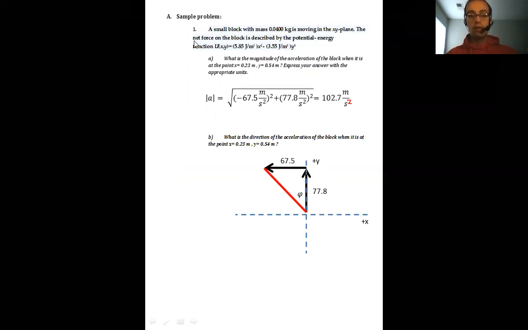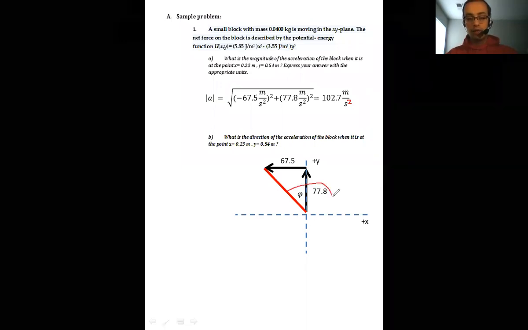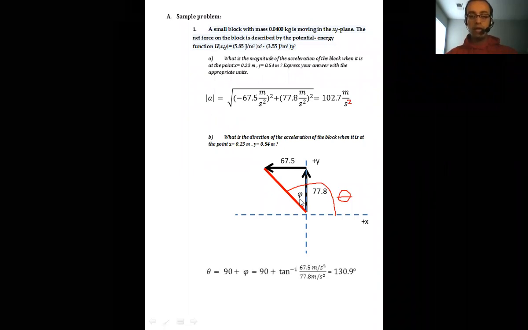We are left with this triangle, and we want to find this angle. This angle is what we're going to call theta, from the x-axis all the way over to this resultant vector, which is in red. To do that, we can find this angle here, phi, and simply add 90 degrees to it.